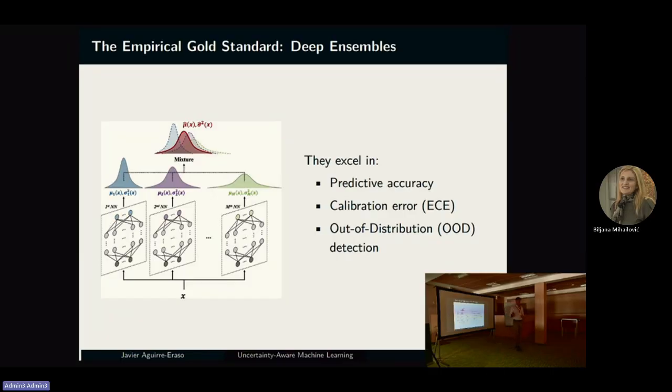For those that are not familiar with deep ensembles, it's just an architecture that is trained m times, and then you have m predictions, and in this way you can measure the aleatoric uncertainty by the uncertainty of each model and the epistemic uncertainty by the consensus of the models.